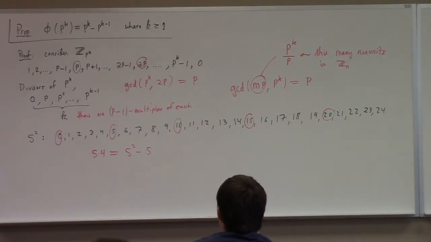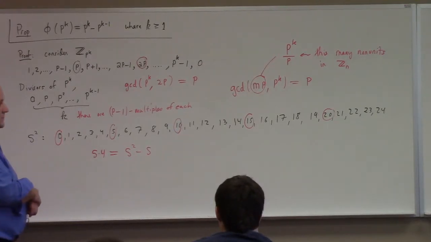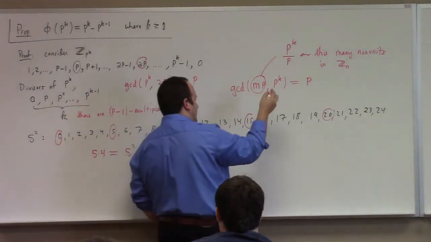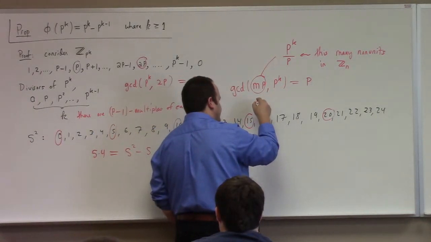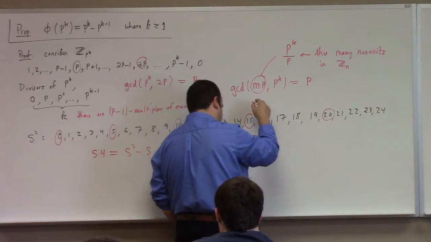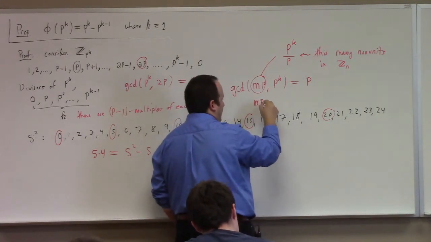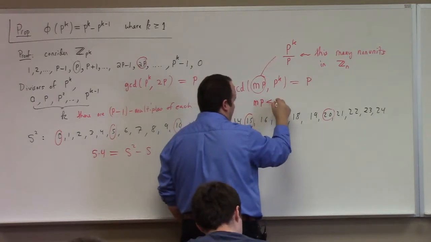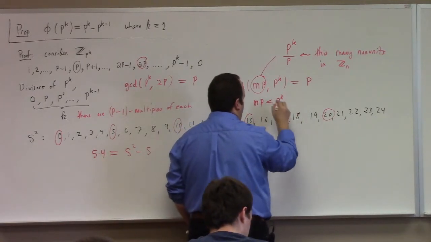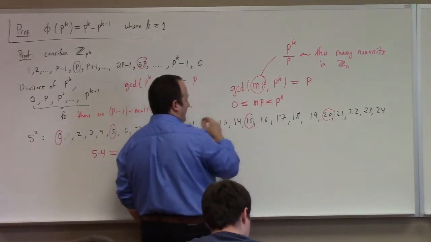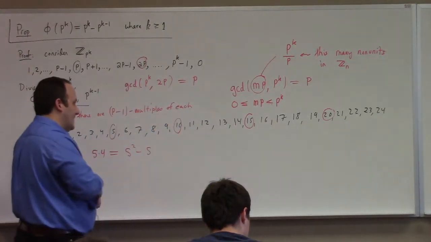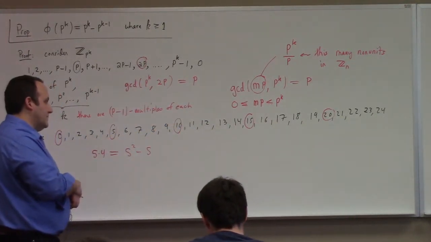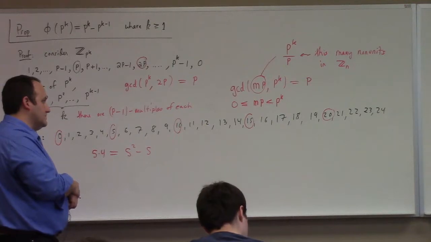So m is from 0 to p to the k minus 1, and mp is greater than or equal to 0 and less than p to the k.